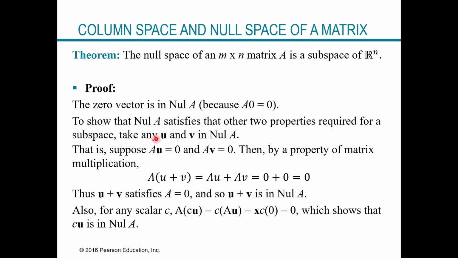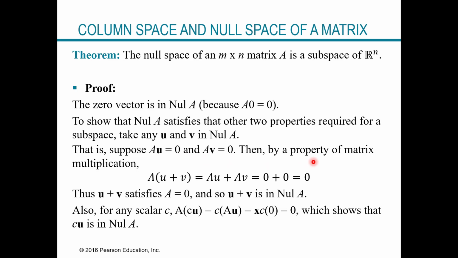Property 2. To show that the null space of A satisfies the other two properties, let's say that u and v already belong to the null space, to that set. So suppose that A times u equals 0, so it satisfies our homogeneous equation, and so does A times v.